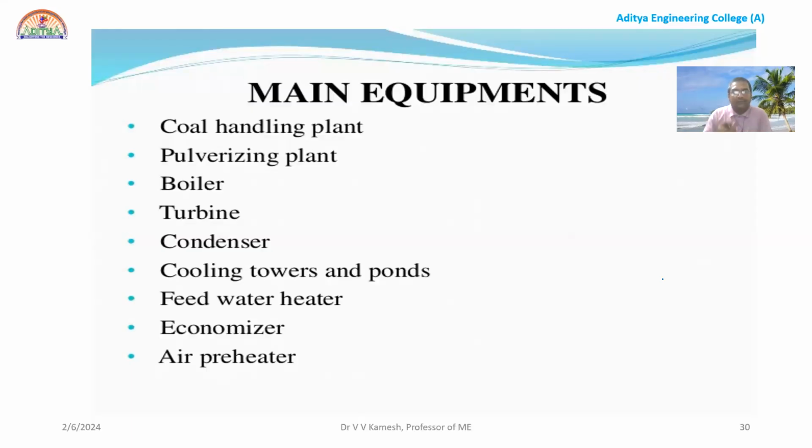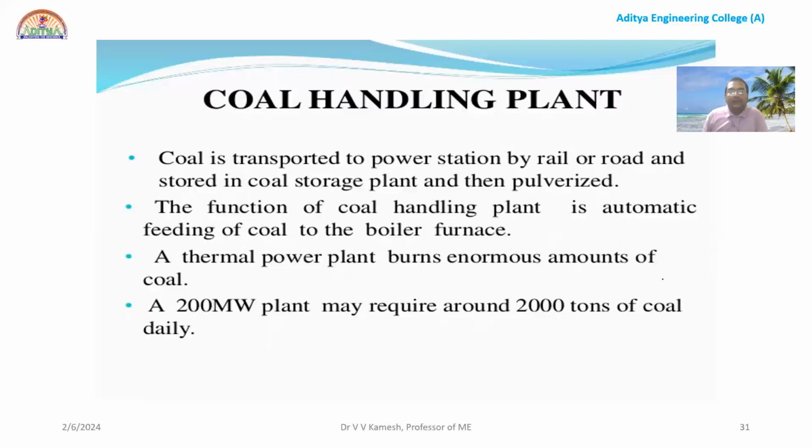Now you see you are having these different items. So to the boiler, we are having coal supply, right? So how to make your coal feeding or pumping or burning in an effective way, right? So you see here, coal is transported to the power station by rail or road, or stored in a coal storage plant and then pulverized, right?